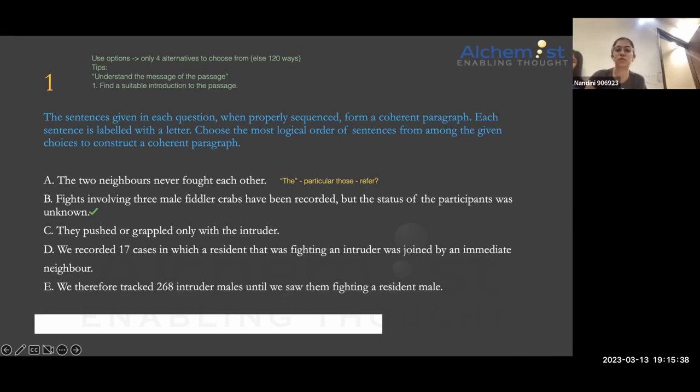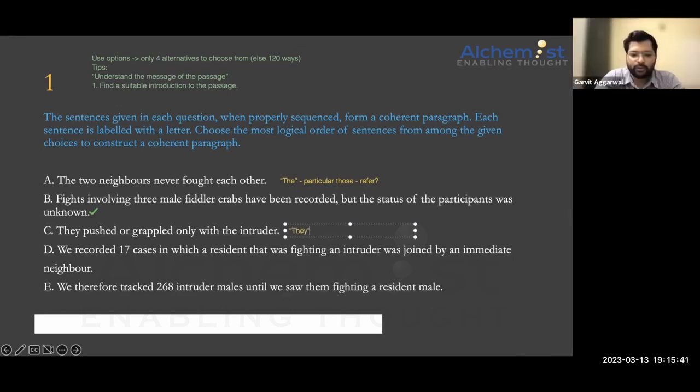It has they pushed or so they. They, who they? The pronoun requires a noun to be introduced first. So a noun has to come, and also that noun is plural because it's they. Postdoc grappled only with the intruder, and the intruder, the means that again the intruder has already been introduced earlier.